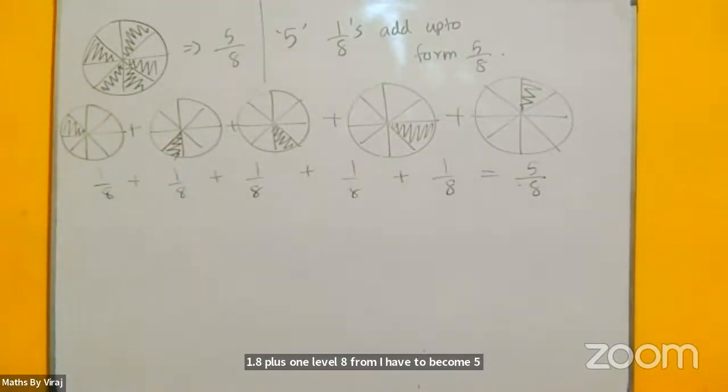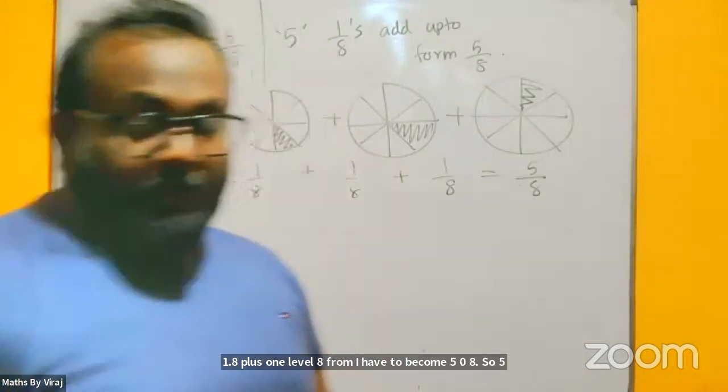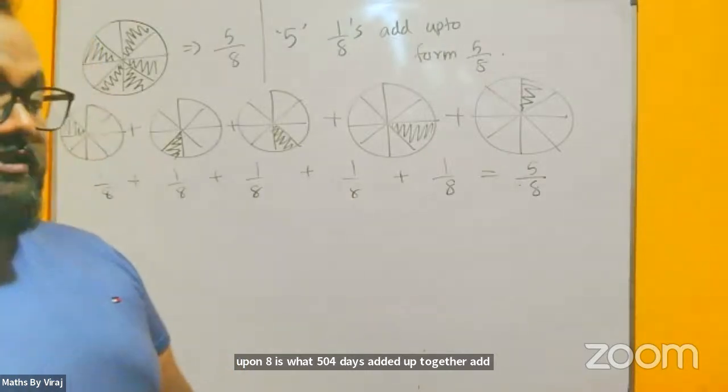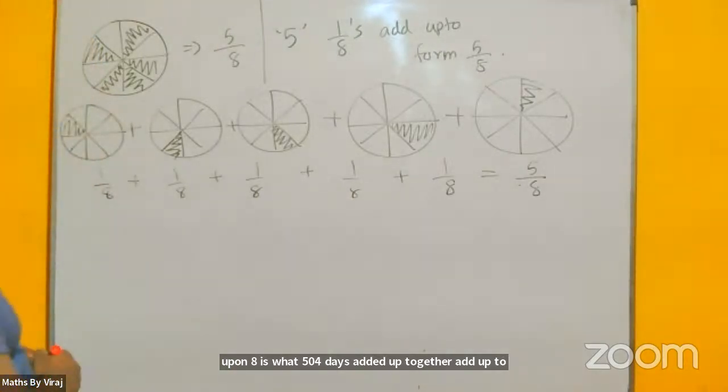Sorry, 1 upon 8, children, not 1 upon 5. So 5 upon 8 is what? Five 1 upon 8s added together form 5 upon 8.